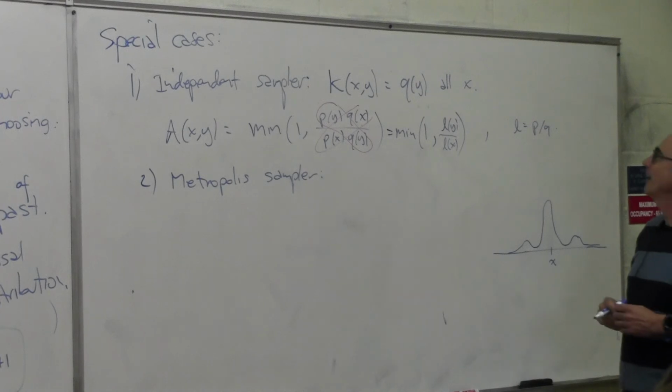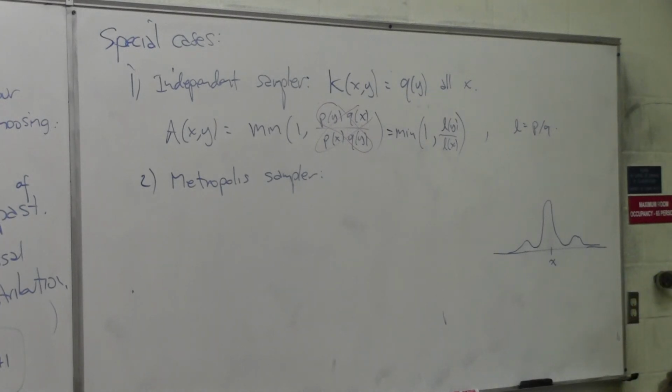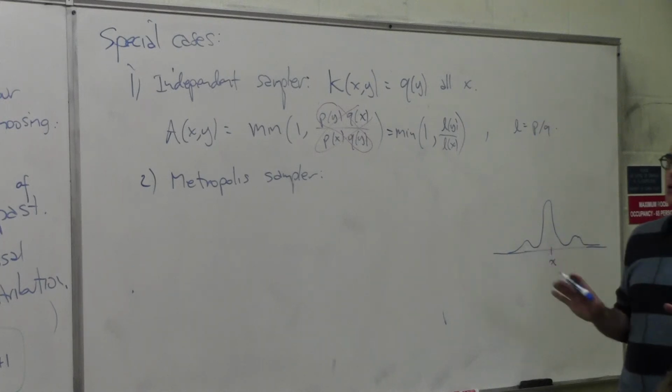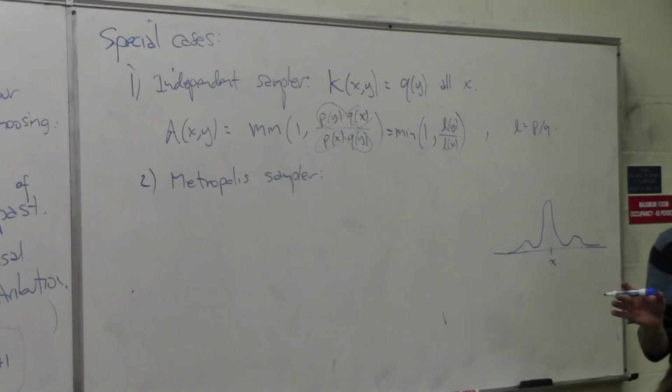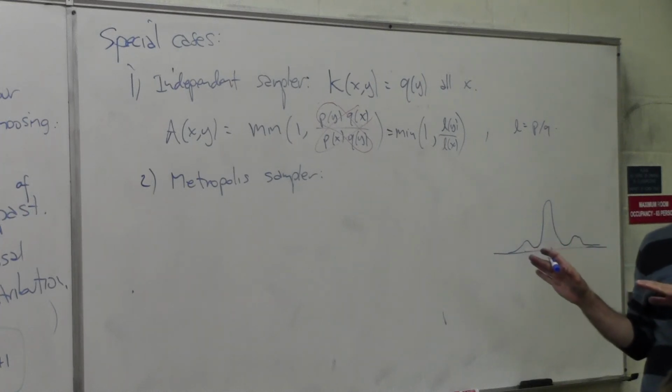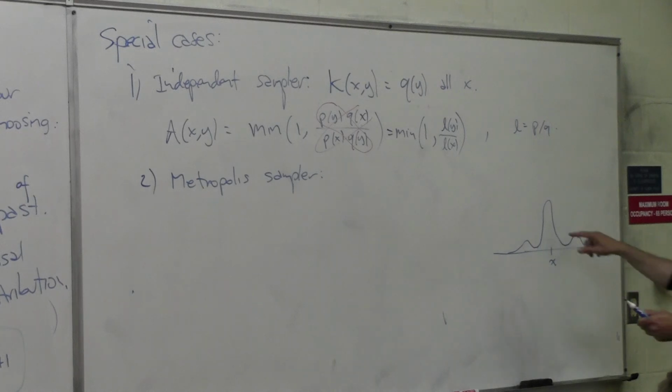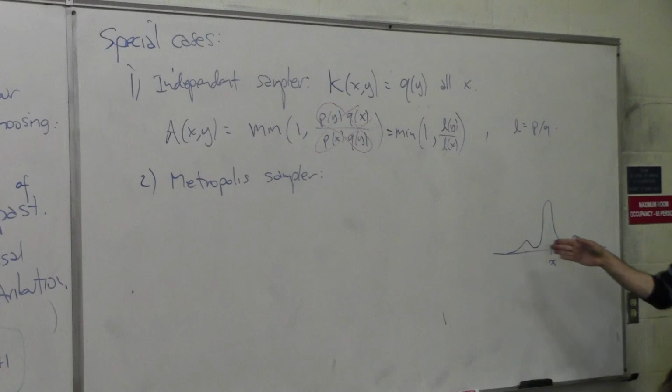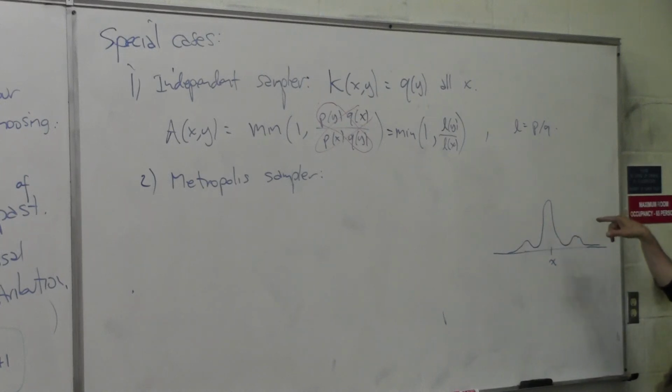I'm going back and forth now. Remember I said I was going to go back and forth between densities and discrete? It's up to you. You can consider this a density or discrete, it doesn't matter. So I'm drawing this continuous. In my brain, it's a density. If you like, I'm looking at the integers, and I'm just looking at the probability mass function, because it doesn't make any difference. The algorithm is identical, whether it's densities or discrete.